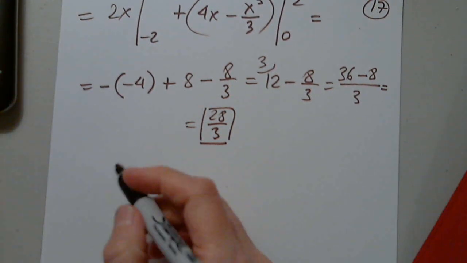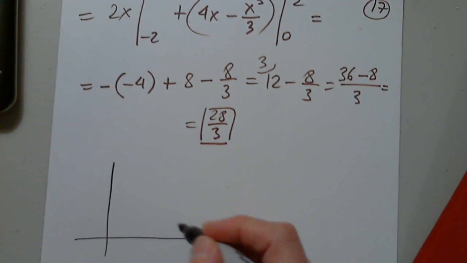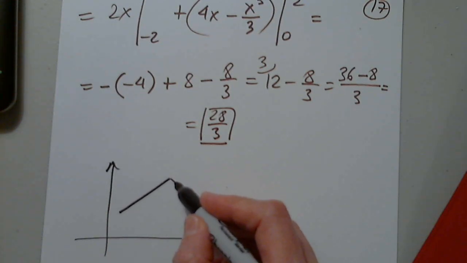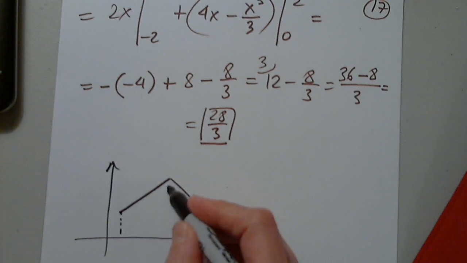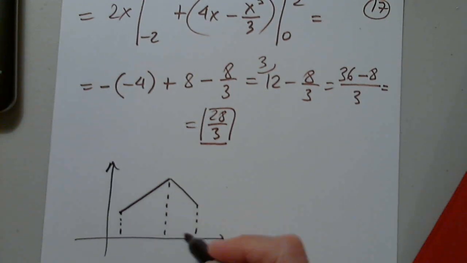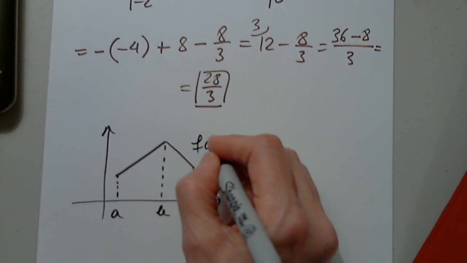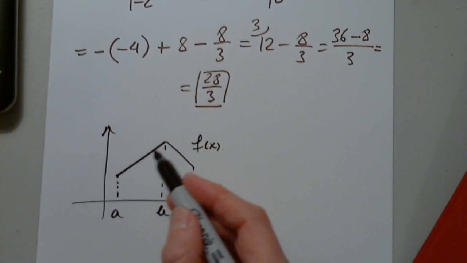So when I have a piecewise defined function, it can be like this. A, B, and C. So this is f of x. This is one piece, and this is the other.